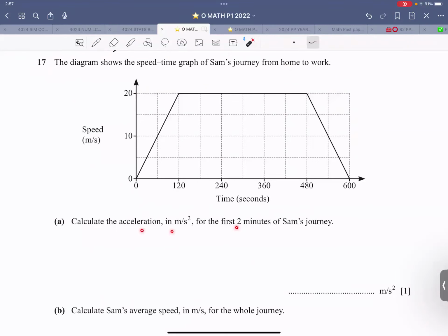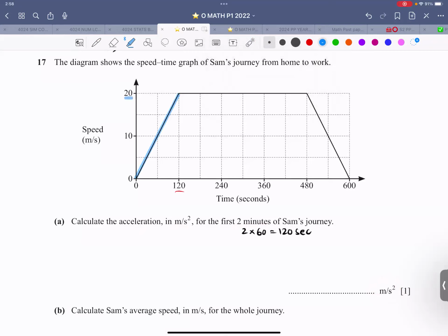Calculate the acceleration for the first 2 minutes of Sam's journey. The unit is meter per second square. 2 minutes is 2 into 60, which is 120 seconds. So basically, they are asking from here till here, that is this portion they're talking about.